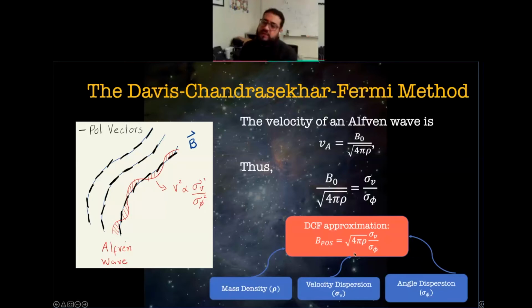It's relatively simple in the sense that all you need to calculate the strength of the magnetic field is the mass density in the medium, the velocity dispersion in the medium, and the angle dispersion as well.